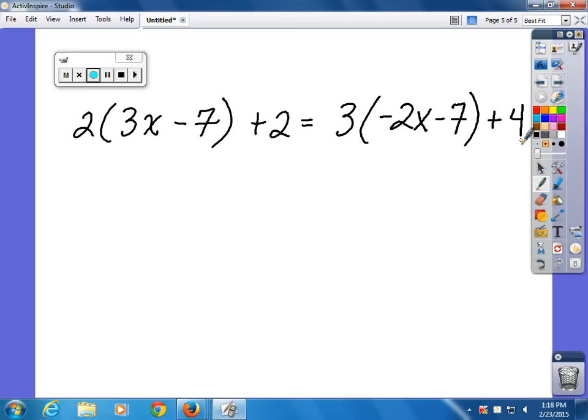Well, the first thing you're gonna have to do is distribute, because you can't do anything really. Now, you could move that positive 2 over there, but that's not gonna help you any. So you might as well just go ahead and bust up the blocks.